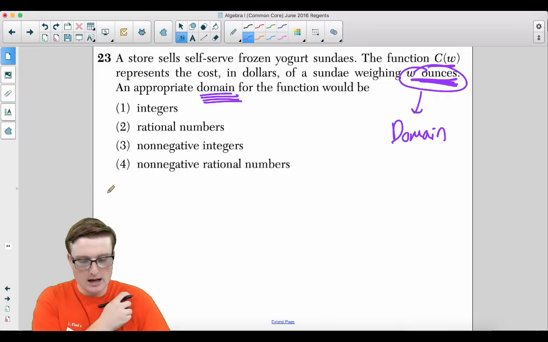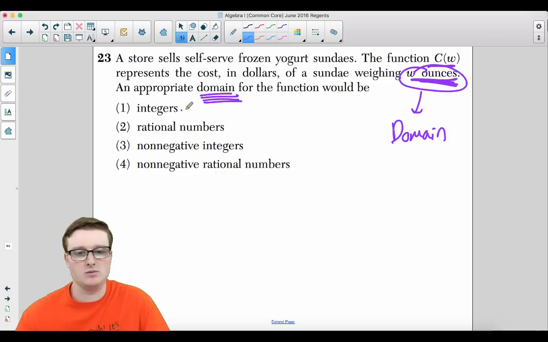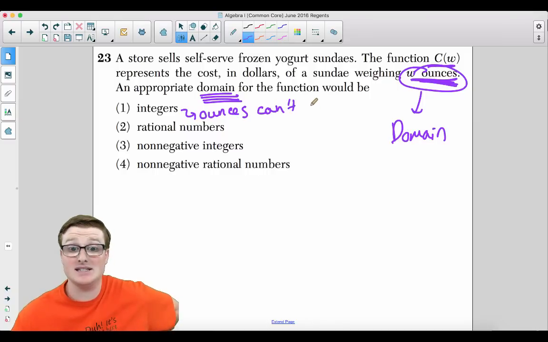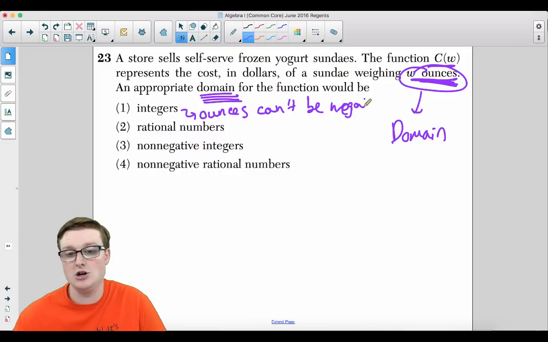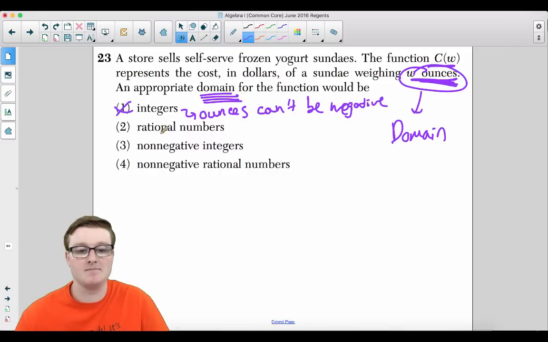So, integers. Well, no, because ounces can't be negative, and integers can be negative. So that makes absolutely no sense. Choice 1's out. Rational numbers. Okay, rational numbers can be negative as well.